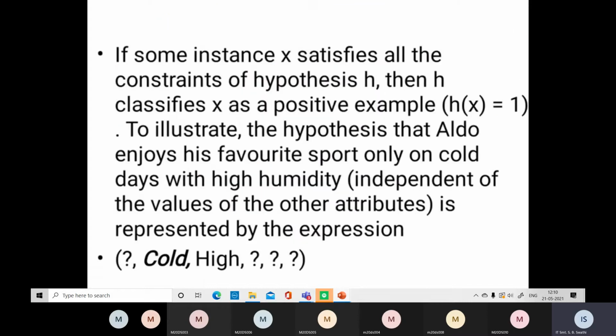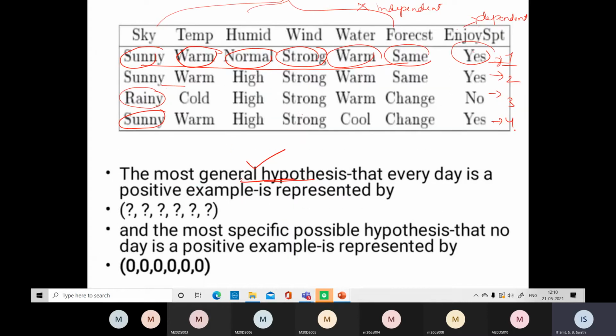Each and every attribute under the general hypothesis uses the question mark symbol. That means any type of attribute is accepted under that column as an input. If you want to be more specific, that means you want to put some restrictions on the input values, suppose under temperature you can fix cold.